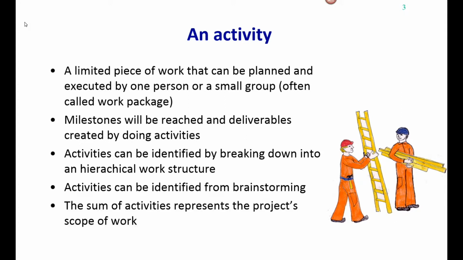Also important to notice is that the sum of activities represents the project's scope of work, which again is different from the scope of deliverables. The scope of work is what we have to do, and preferably, except perhaps in your case, you would want to do as little as possible and have as many deliverables as possible for that small amount of work. Now, unfortunately, that's very often not the way it works out.